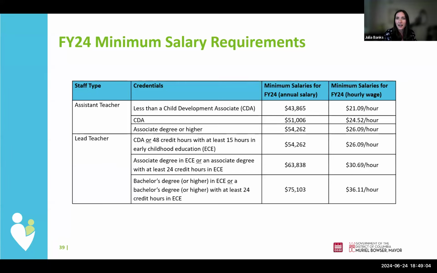Thanks, Hannah. Our next question is, how many pieces of documentation are needed, or is it just one piece of documentation? Angela, do you want to answer that? Yeah, so I think I know what this question is asking. You are going to be required to submit information in DELT related to salary type and also annual or hourly staff type and the amount.